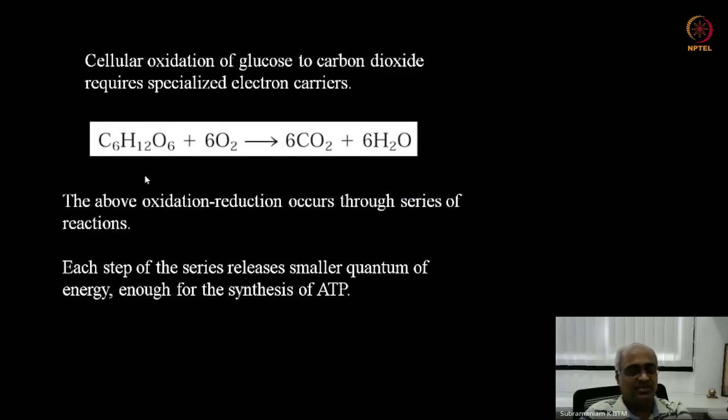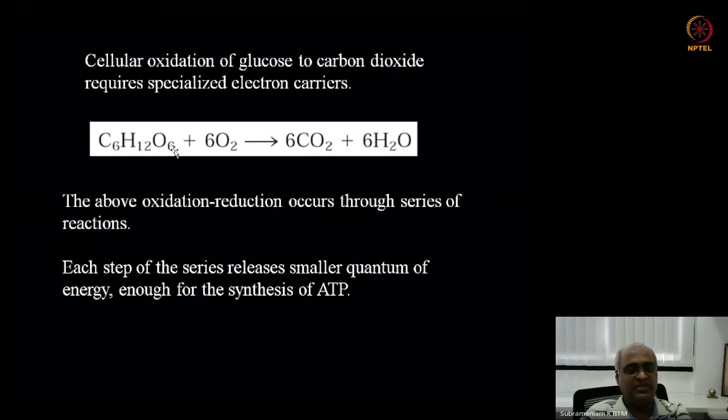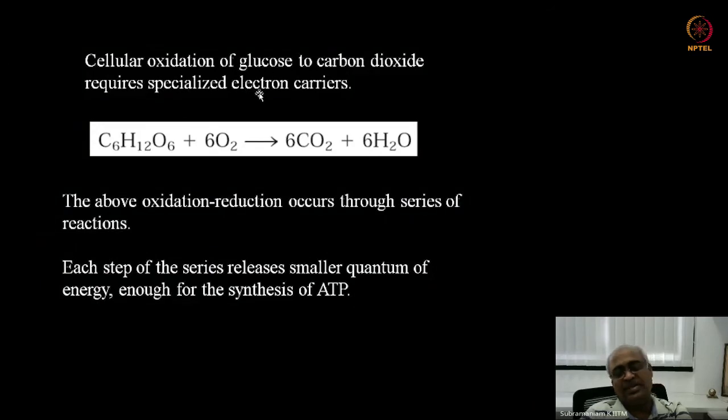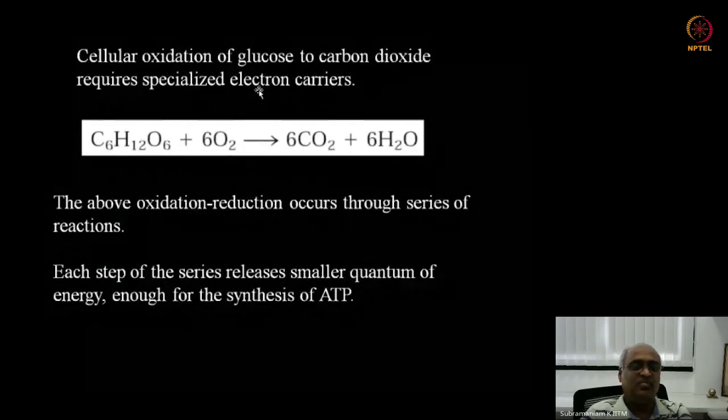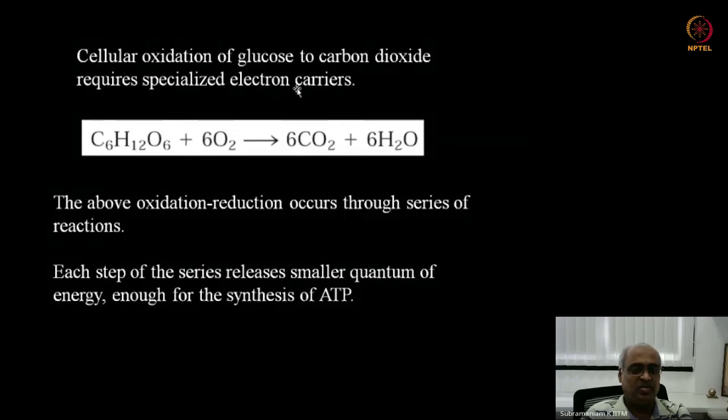The electron flow from this to this happens in multiple steps, and in each step the electron is temporarily carried by molecules that we call electron carriers. The chemical structure of those molecules enables them to function as electron carriers, meaning they can reversibly undergo oxidation and reduction. So this is a new idea.